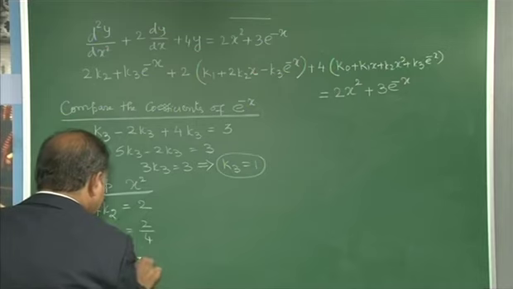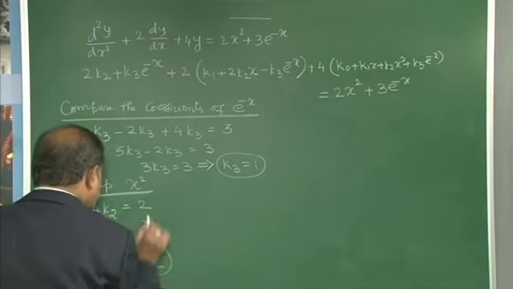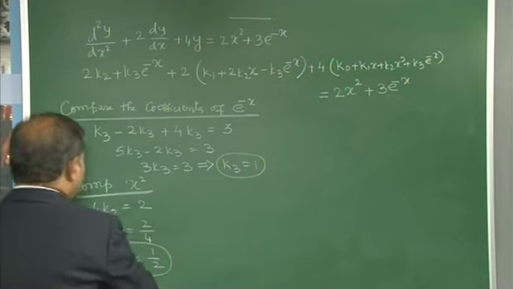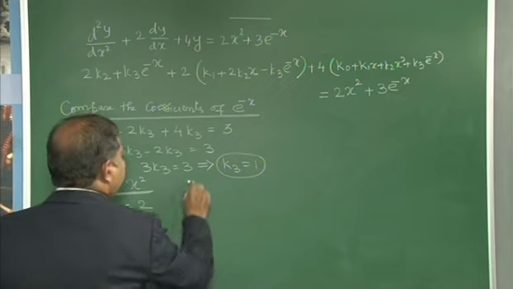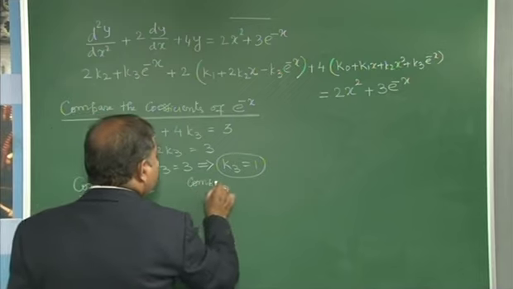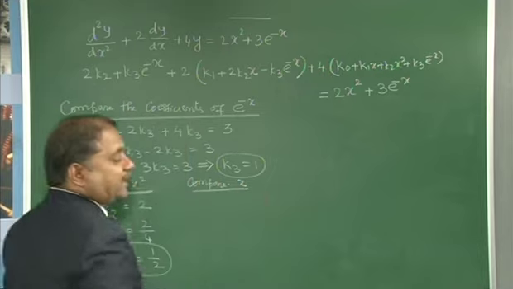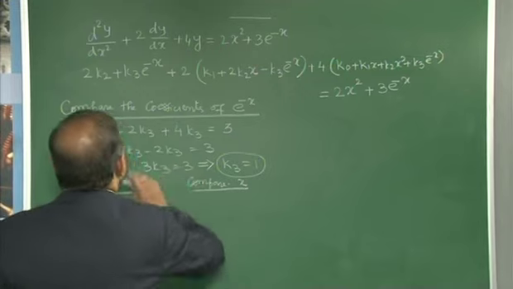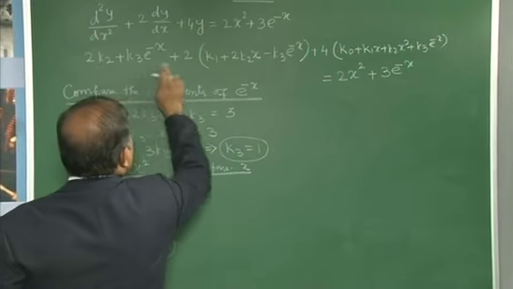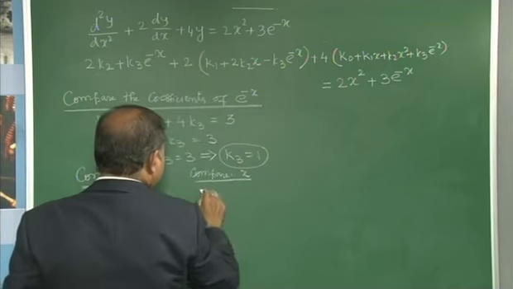That means k2 is 1 by 2. I got the second solution. Then compare the coefficient of x. There is no term here, here I have 4k2.